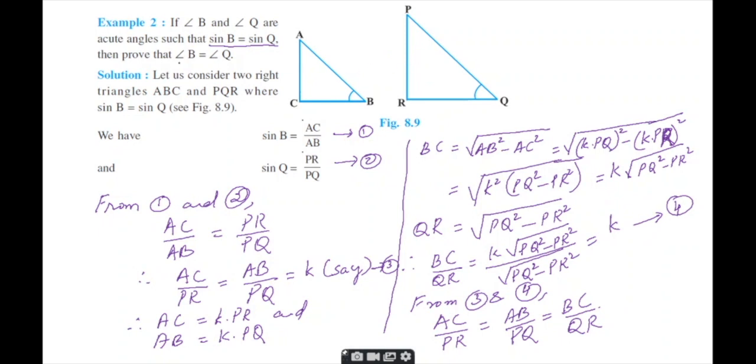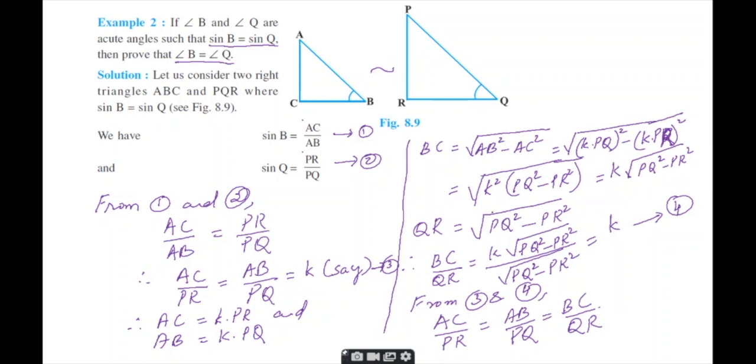Our aim is to prove angle B is equal to angle Q. So if we can prove that this triangle is similar to this triangle, then our work is over. Then the question is how to prove. From what is given to us, we can get 2 pairs of sides proportional. And if suppose we were given angle A is equal to angle P, then by SAS we could write these two triangles are similar. But that is not given.